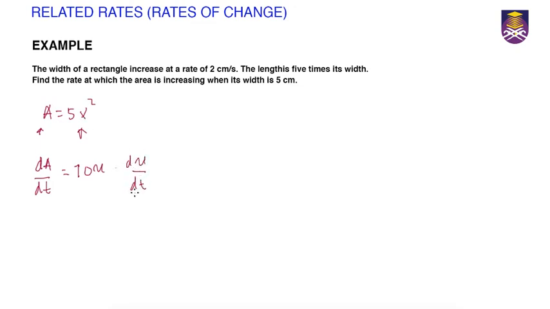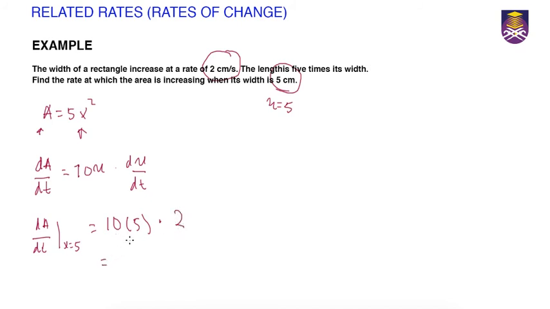I hope you still remember how to differentiate implicitly. So we have 10x times dx over dt. The question asks to find the rate of the area when x is equal to 5, so we just substitute. 10 times 5 times dx over dt, and we know that dx over dt is 2.